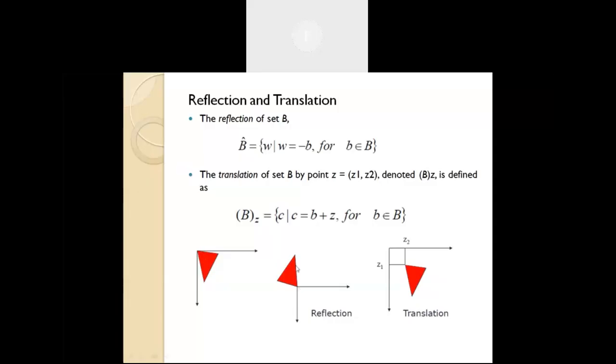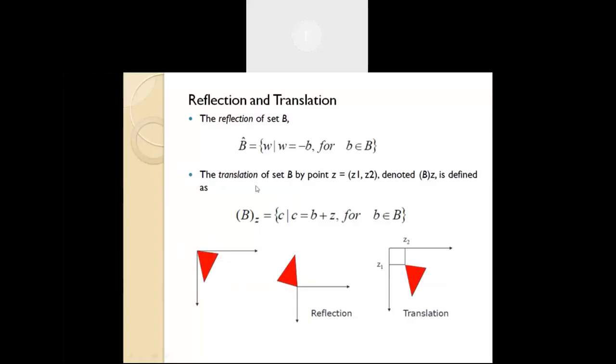So you can observe that this point is flipped here. If I take this as the first quadrant, because I am multiplying with minus 1, it is going to this point. Similarly, this point has come here.